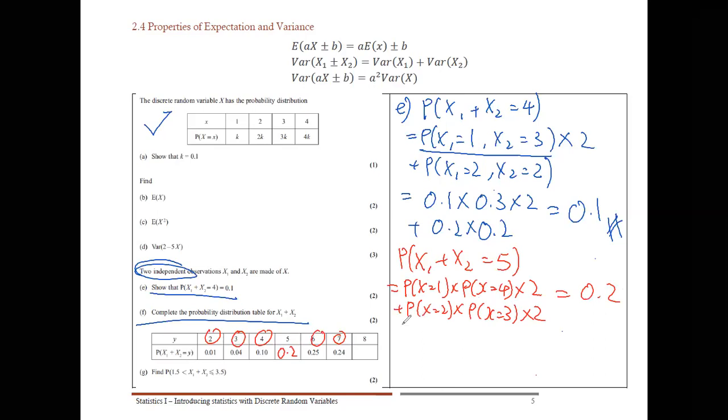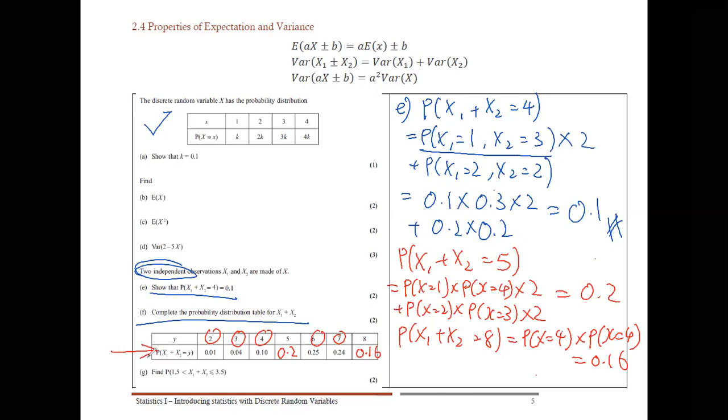Next, how do I get P(x1 plus x2 = 8)? In this case, there's only one scenario whereby you get 2 fours. So it will be P(x = 4) times P(x = 4), which in this case is 0.16. All right, so we have completed the table. You can do a double check, add everything up together.